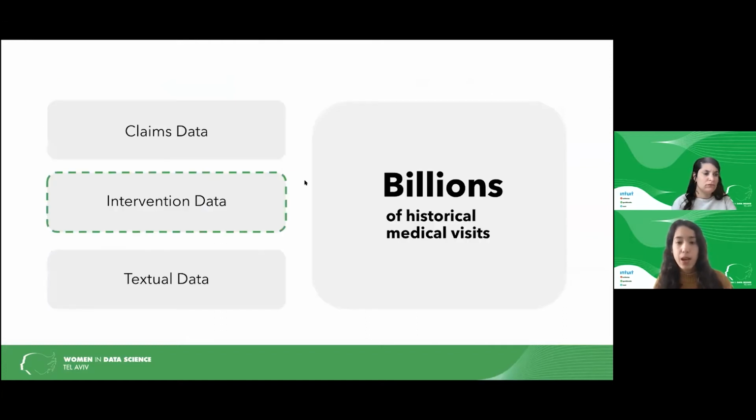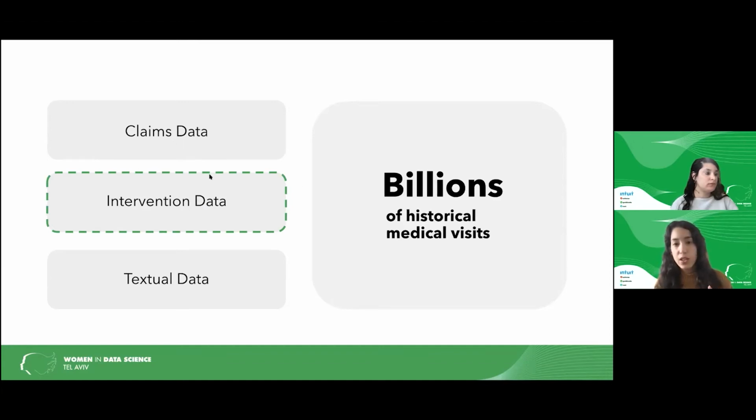So now that we understand how we build these risk score models, I want to move to a different source of data, which is called the intervention data. Remember, we said we don't only want to rank the patients from most likely to least likely to be hospitalized, we also want to match each patient to the right intervention in order to avoid the next hospitalization.